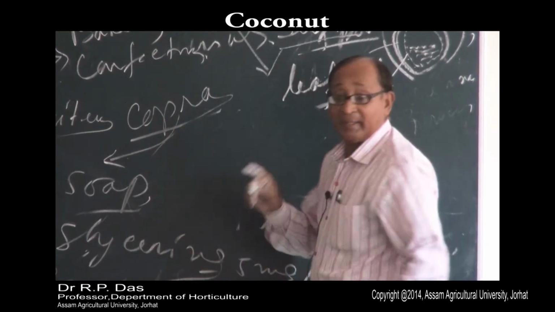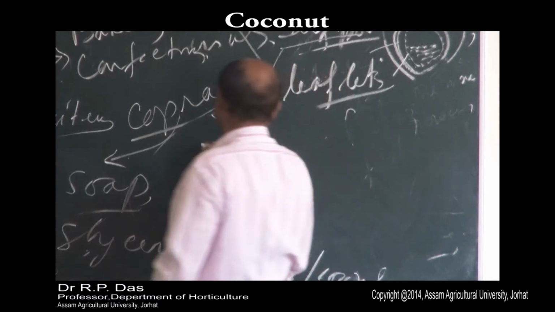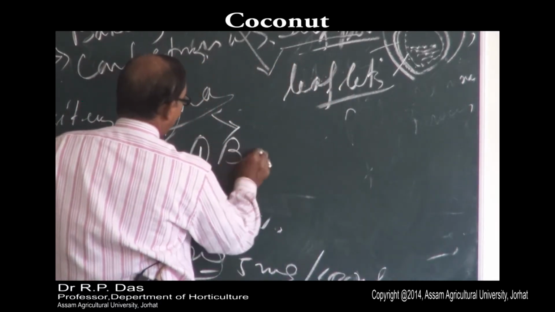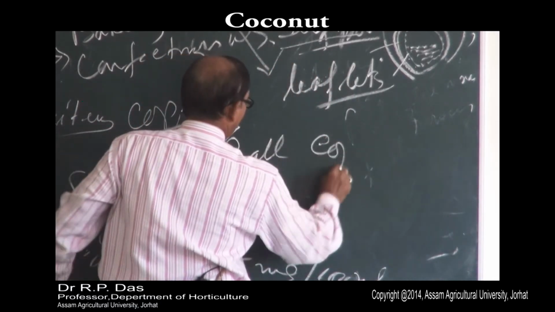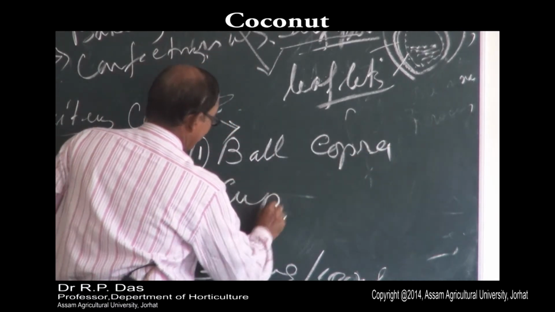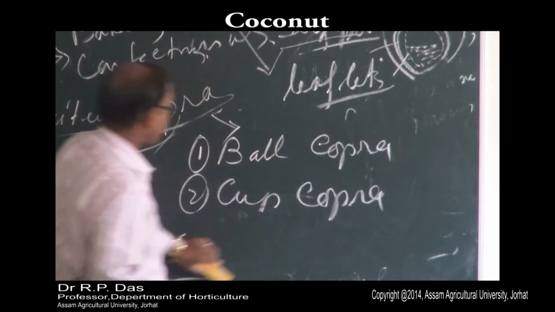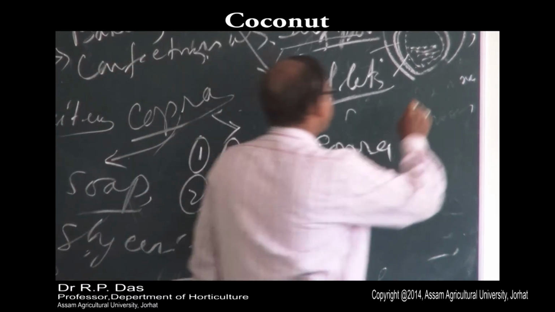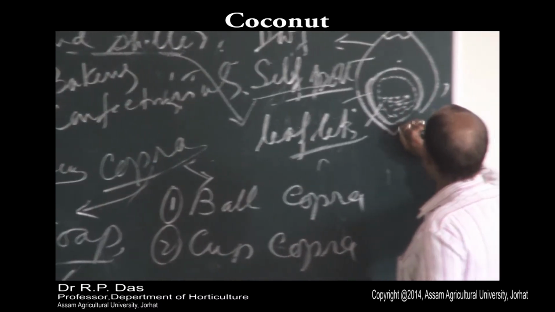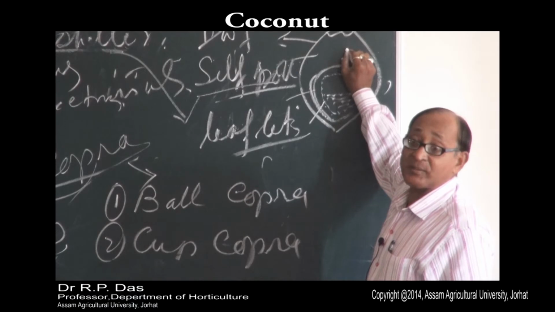So there are two types of copra. One is ball copra, another is cup copra. Now this is the nut, right? This is the mesocarp, the husk.